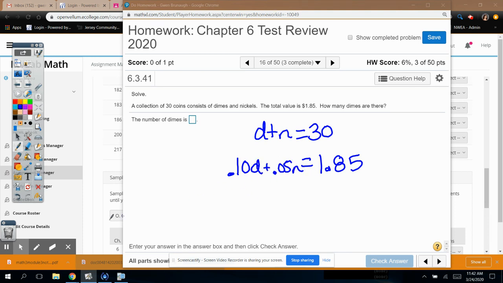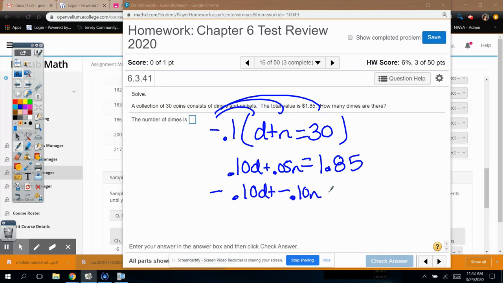And this is a system of equations. Okay, so let's get rid of the dimes. So we're going to multiply everybody by -0.1. So -0.10 dimes plus -0.10 nickels equals, if you take 30 times 0.1, you're getting 3, but it will be -3.